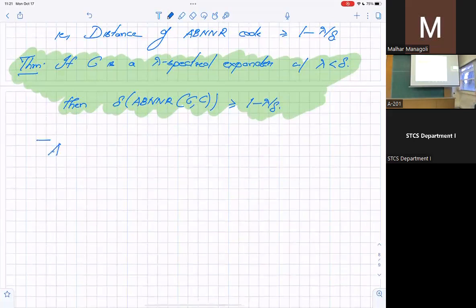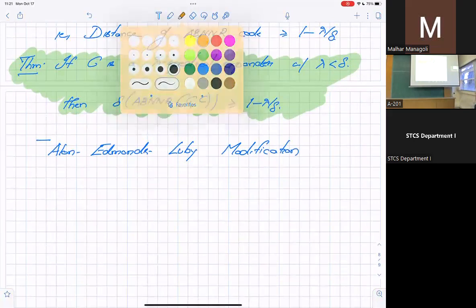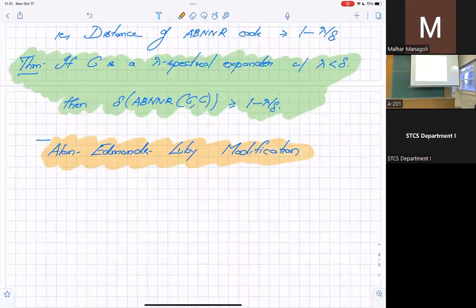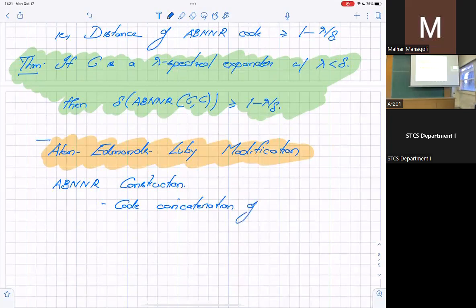The Alon-Edmonds-Luby modification. The above construction can be viewed this way: it's code concatenation of C with the D-wise repetition code to move from vertices to edges.